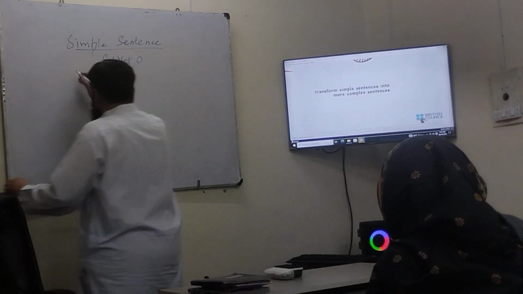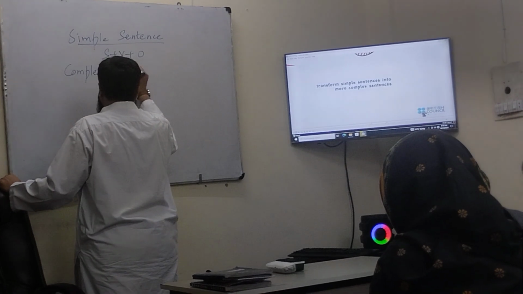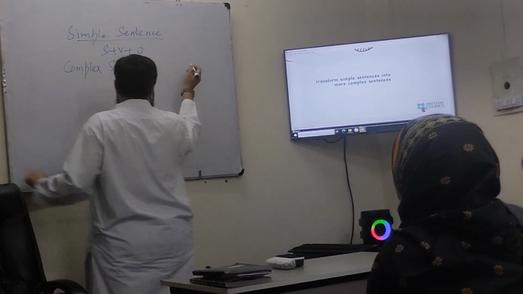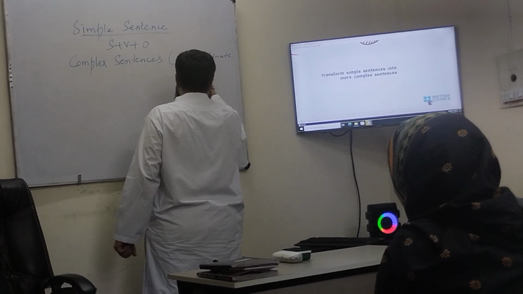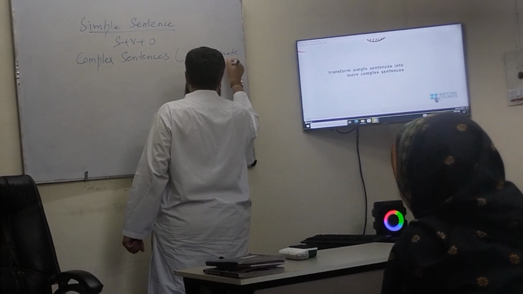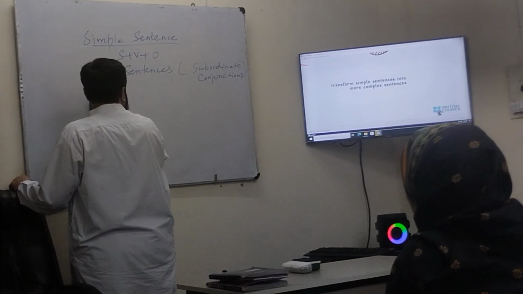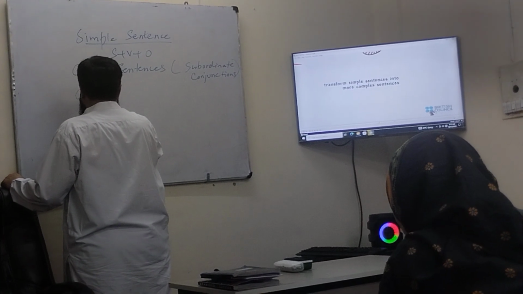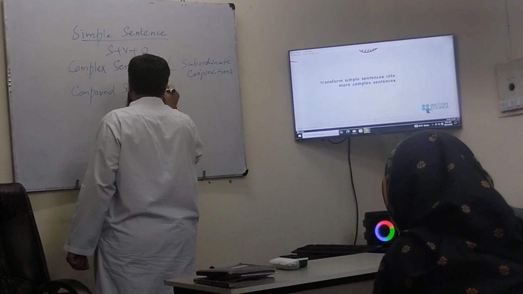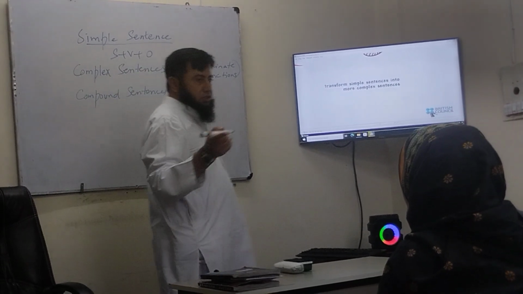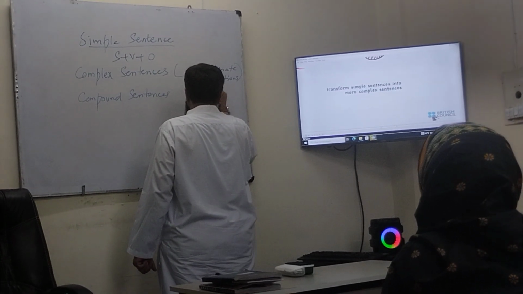Okay, and in complex sentences, we use subordinate conjunctions. And then you have compound sentences. What type of conjunction is used here? Coordinate conjunctions. Can you give an example of a coordinate conjunction? Anyone?